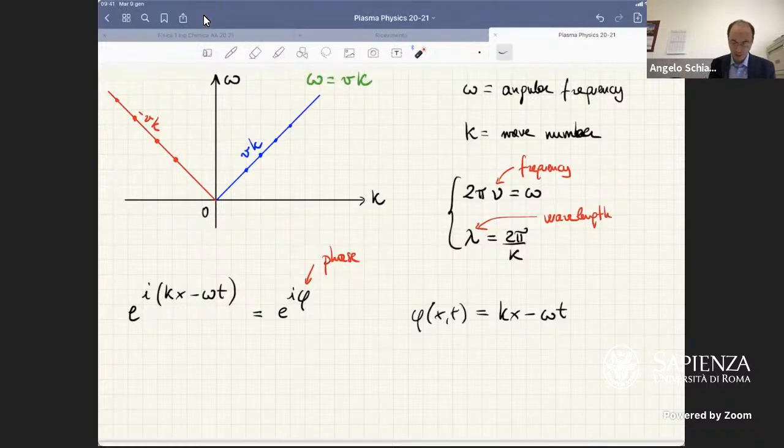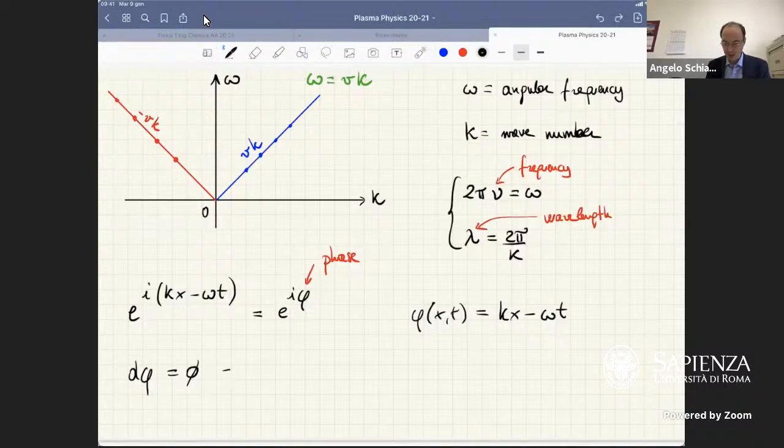So we want to see the differential of the phase, and we want to sit on the same value of the phase on the wave. So we phase lock and we seek the differential solution.